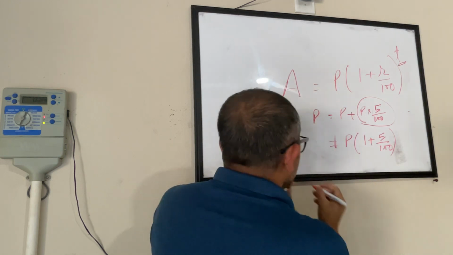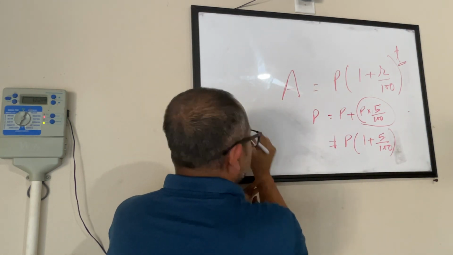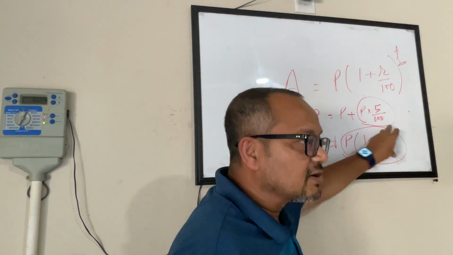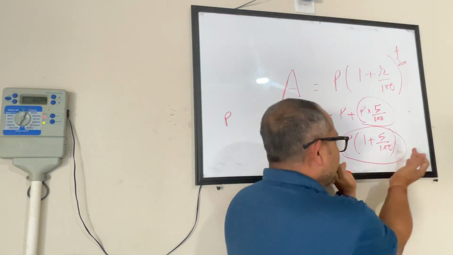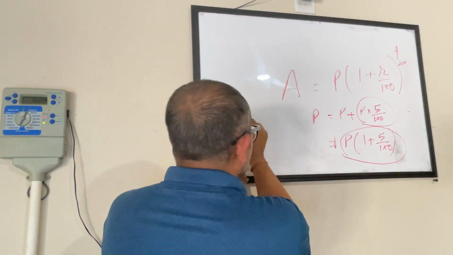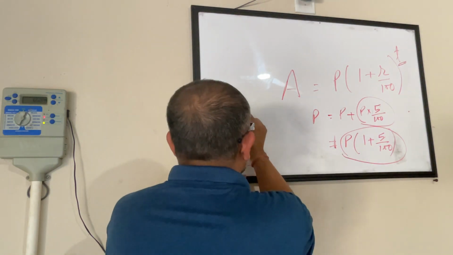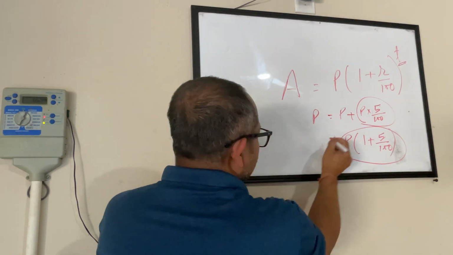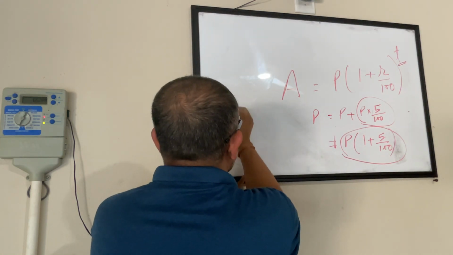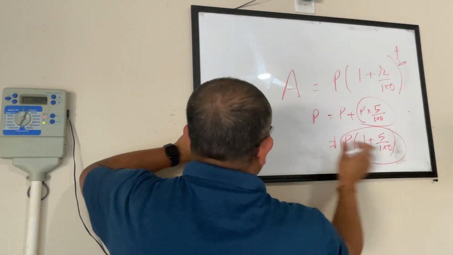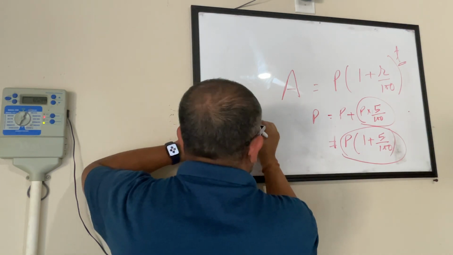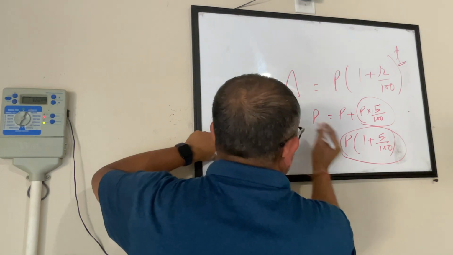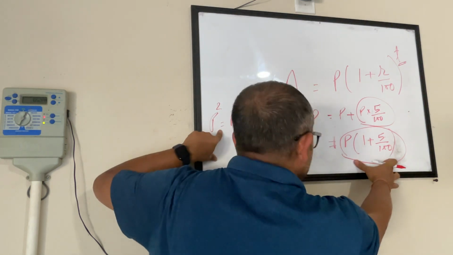After the first year. In the second year, my principal amount itself is this, because the interest I got was added to my balance, so this became my new number. So next year the bank will give me 5% of this. After the second year, what will be my new P? It will be whatever my principal amount was, this 1 plus 5 by 100, and the bank says they will give me 5% of this.